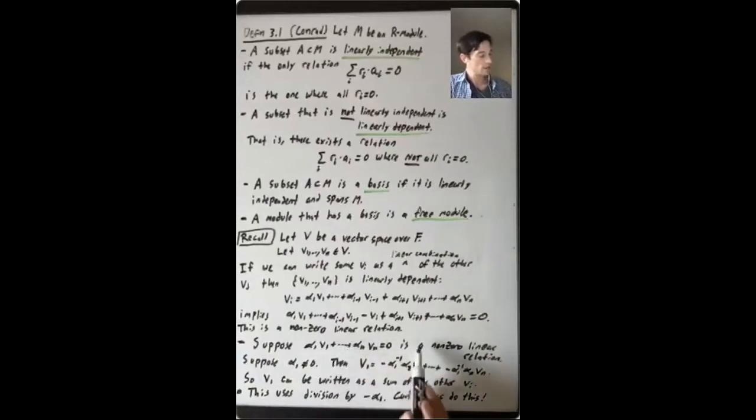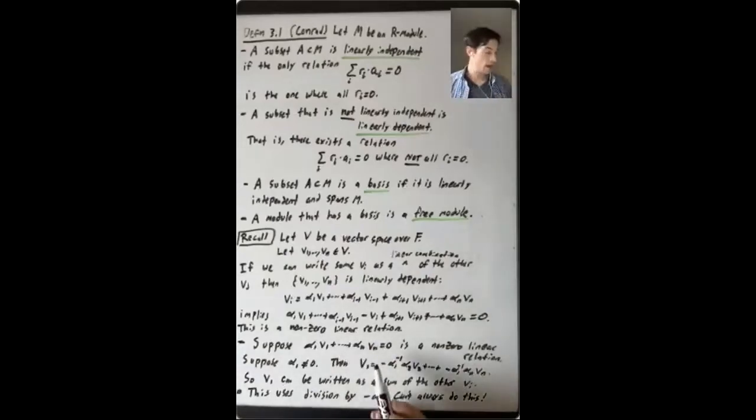We can move everything else over to the other side and then divide by alpha 1, or multiply by alpha 1 inverse, if you like. So V1 is equal to minus alpha 1 inverse times alpha 2 times V2 plus ... plus minus alpha 1 inverse times alpha n Vn. So we see that this non-zero linear relation lets us write V1 as a linear combination of the other Vi, a sum where you have coefficients in the field.